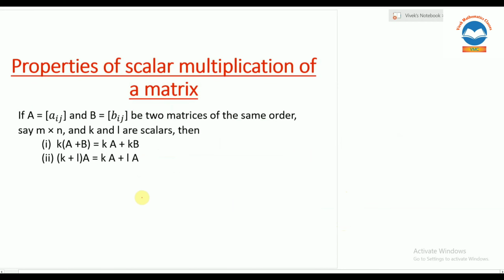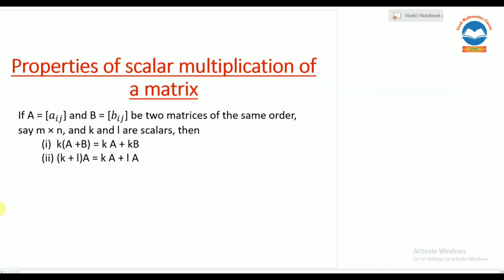Next, here we are going to see properties of scalar multiplication of a matrix. It means when we are multiplying a scalar in some matrix, what are the properties for this? First of all we have considered two matrices Aij and Bij of same order. Both are of same order m cross n. So in this, what is the first property?